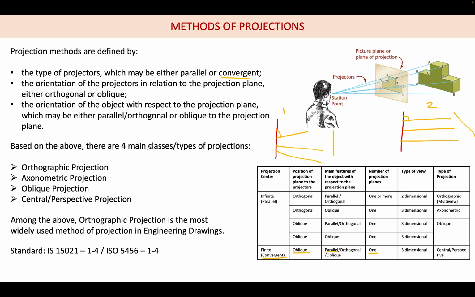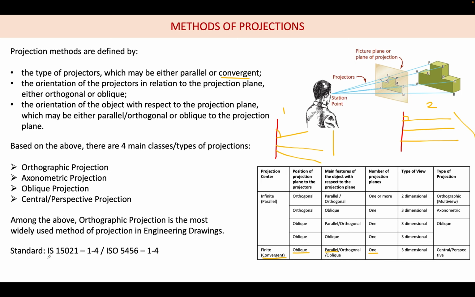So there are totally 4 classes of projections possible. First is the orthographic projection, second is the axonometric projection, third is oblique projection, and fourth is the central or perspective projection. Among all these, the orthographic projection is the most widely used method of projection in engineering drawing.